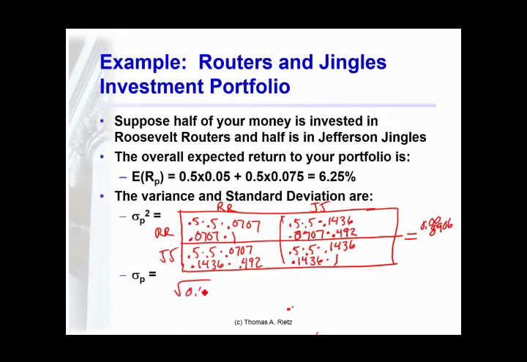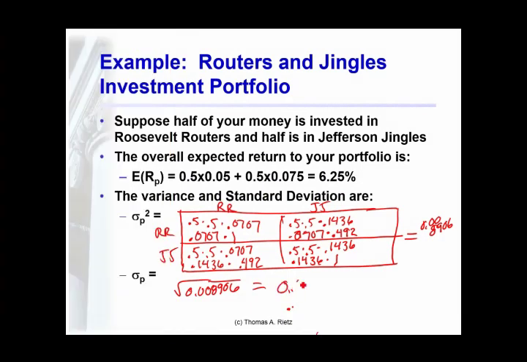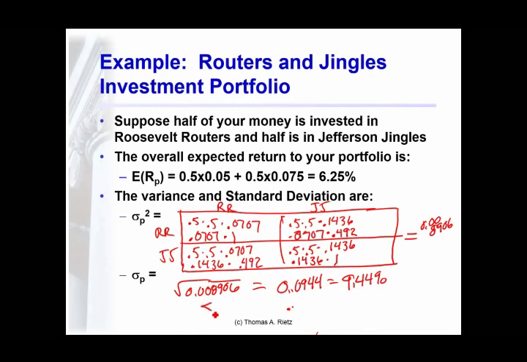Taking the square root of this gives me the standard deviation. That's 9.44%. Now note, that is less than the weighted average of the individual standard deviations.